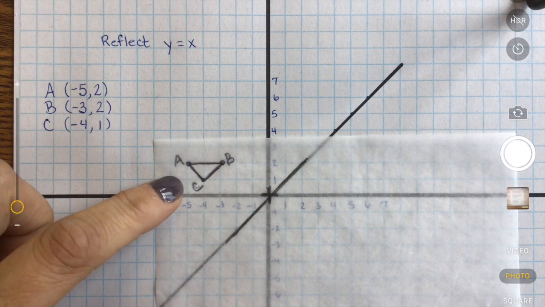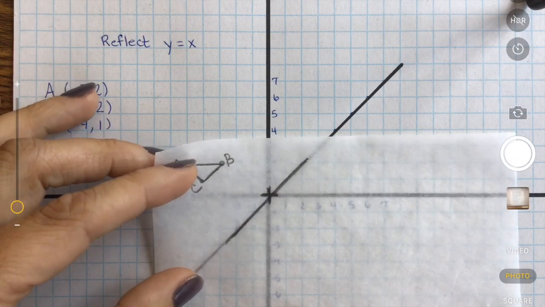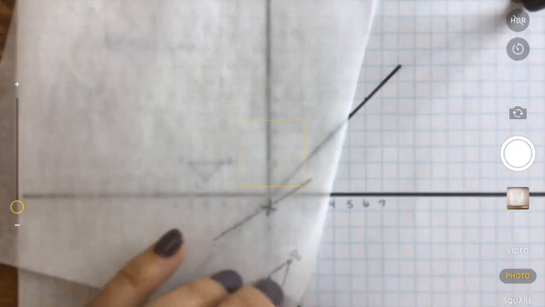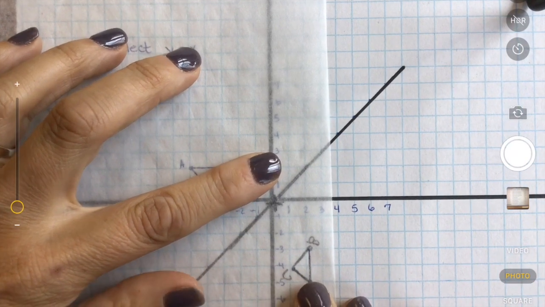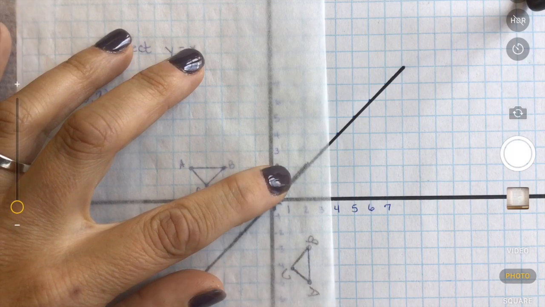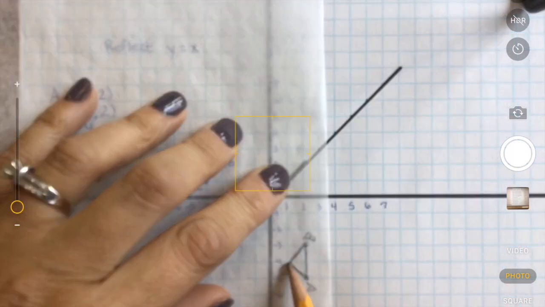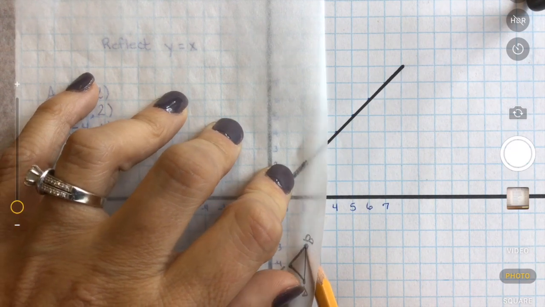Well, I know I'm reflecting, so I know it's going to end up over here somewhere. So I literally can take my paper, pick it up, turn it over, re-line up my registration marks, and then I can see where it's going to end up on the other coordinate. So when I look at my other coordinate, I can see through it. I'm going to barely pick it up and put a pencil mark at each spot.